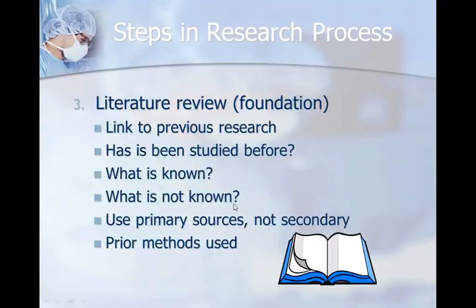So now that we've come up with a research question, our third step is to do a literature review. Your review has to be comprehensive and include early research to current research. It needs to provide a foundation to base your knowledge, show gaps, and support the need for your idea.